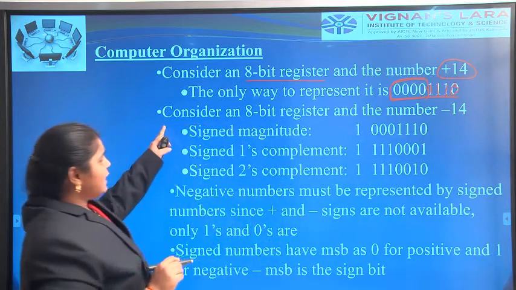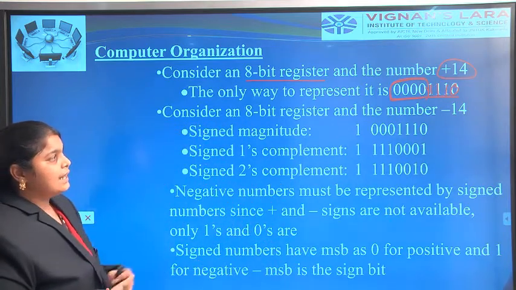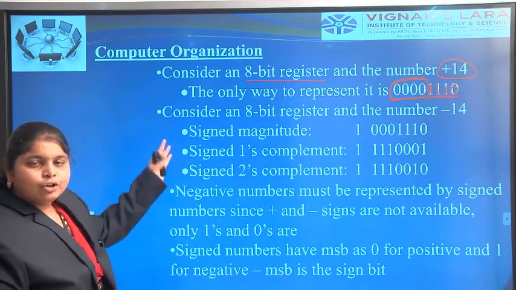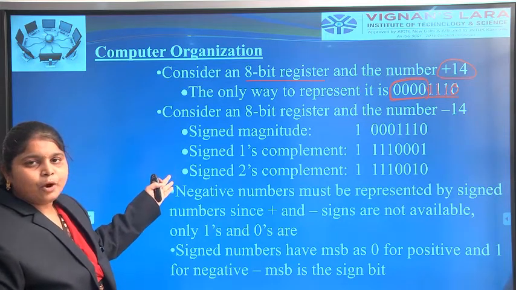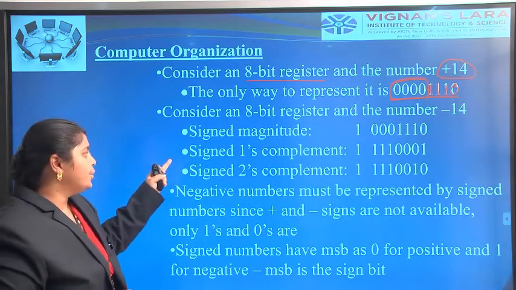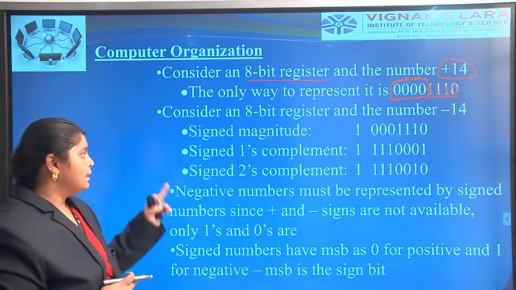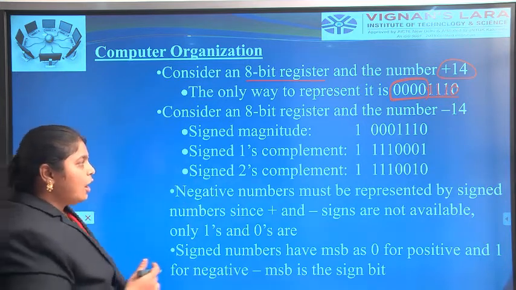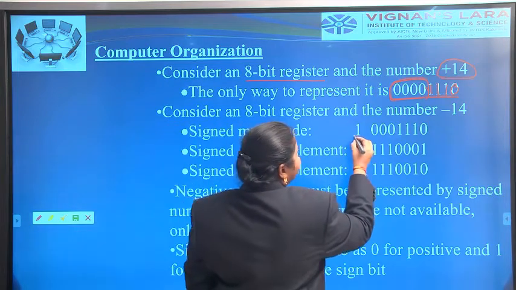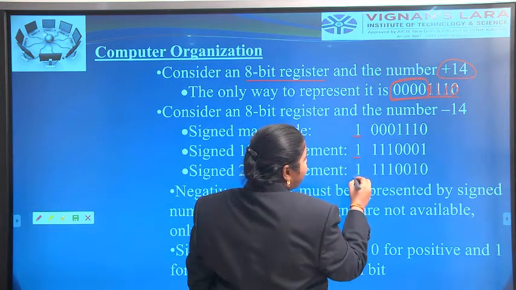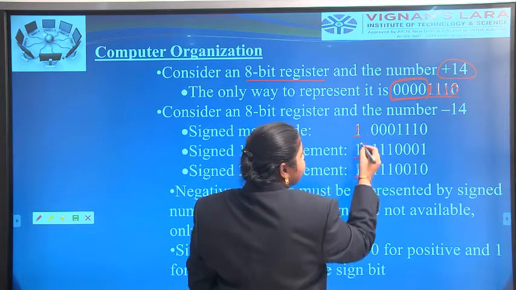Now consider the 8-bit register with the number minus 14. We know the fixed point representations: signed magnitude, signed 1's complement and signed 2's complement. In signed magnitude we represent whether the number is negative or positive.